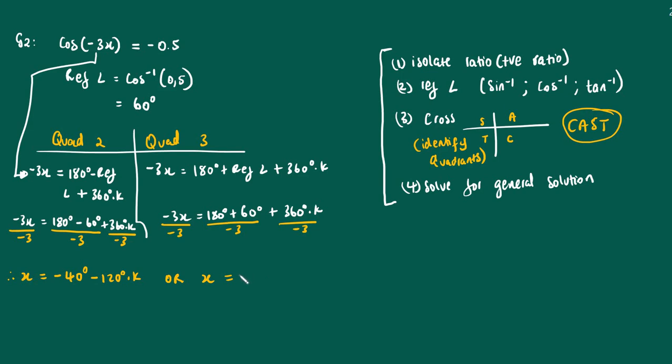That should be 80. So you have negative 80 degrees minus 120 degrees times k, where k is an element of integers. Then you are done. Hoping they are correct there. So we found the general solution there, good people. I hope that it's clear on how we find the general solution.